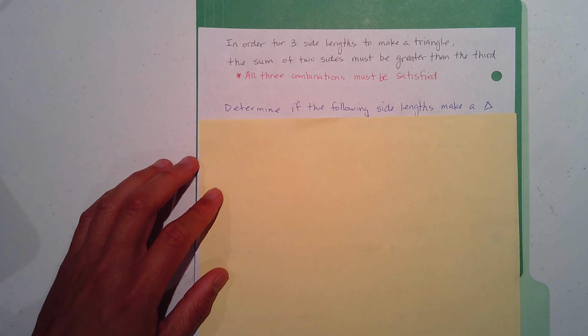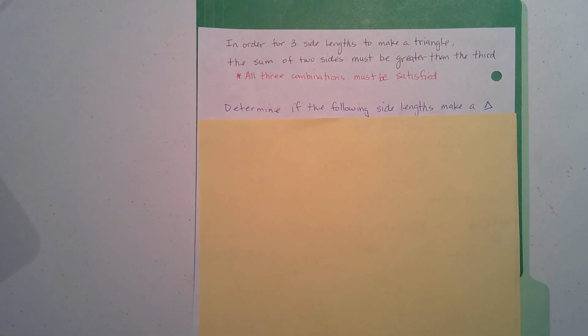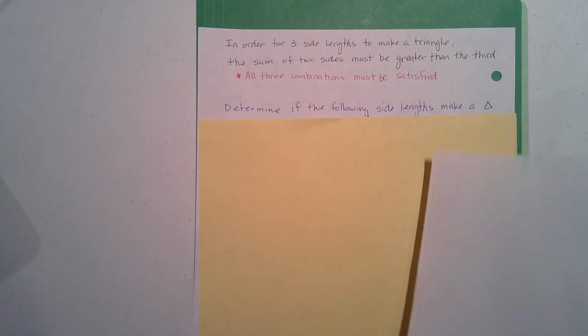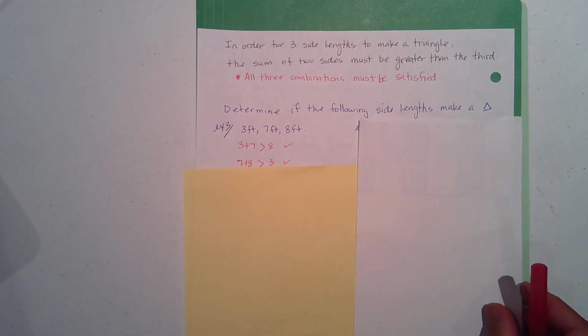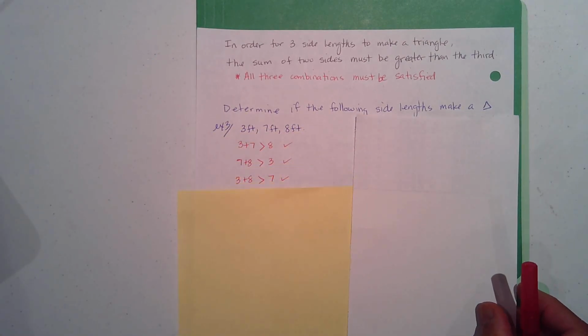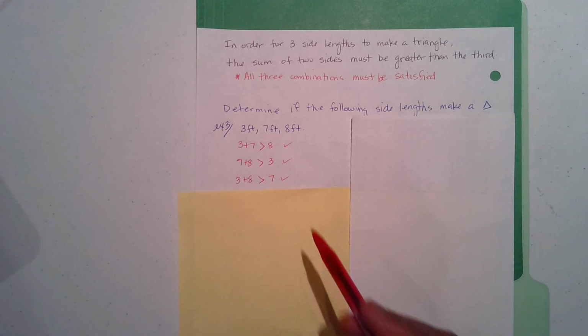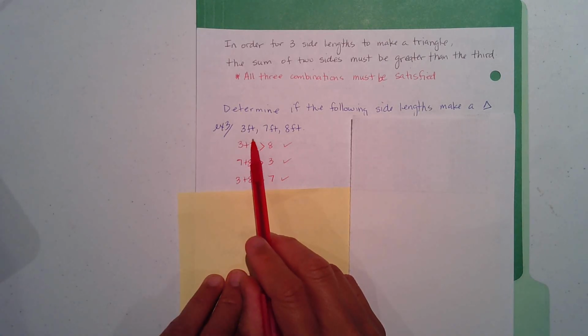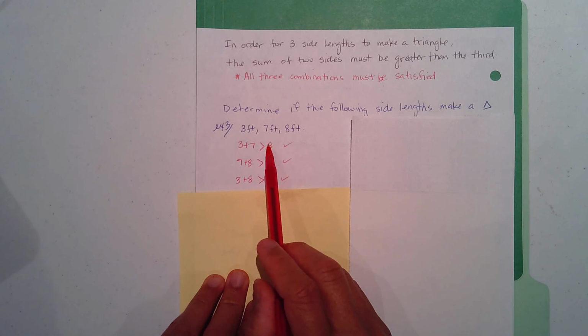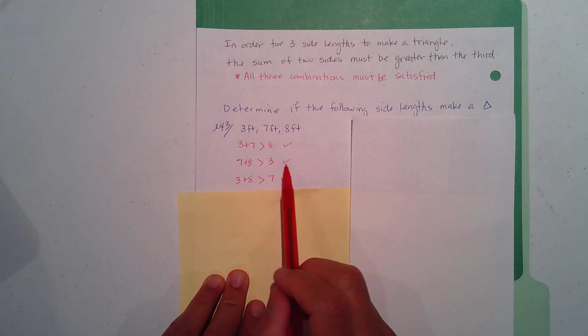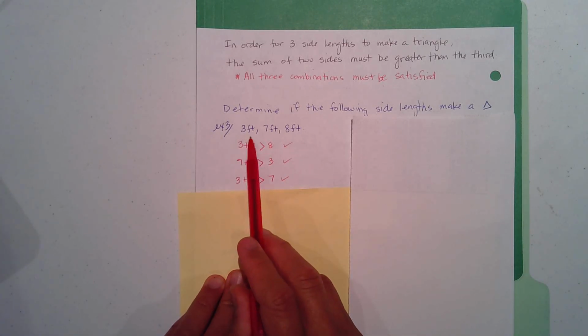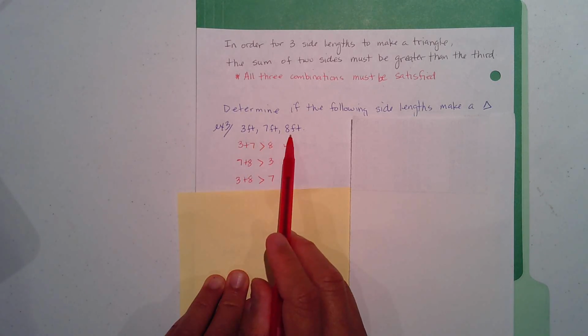It says determine if the following side lengths make a triangle. So let's check. Here are the three lengths. We're going to take the sum of the two sides and compare it to the third.